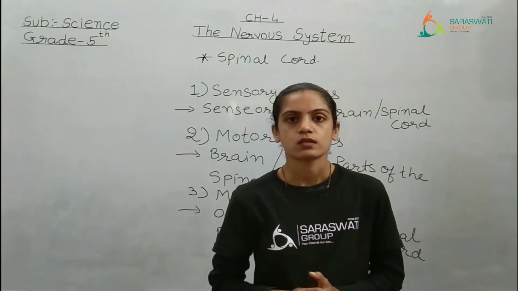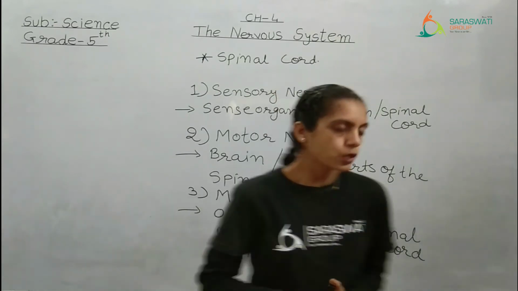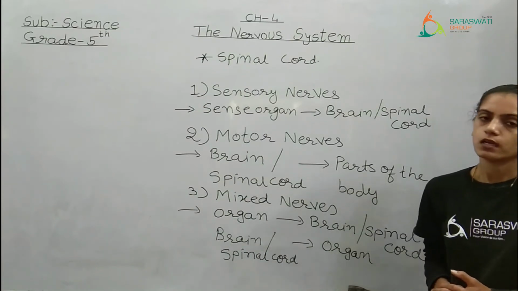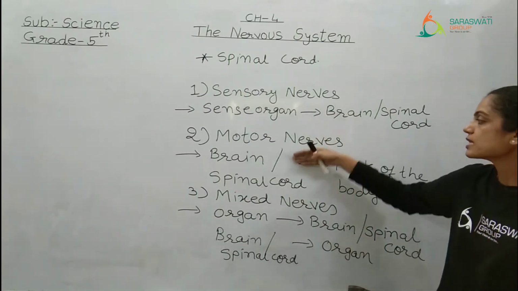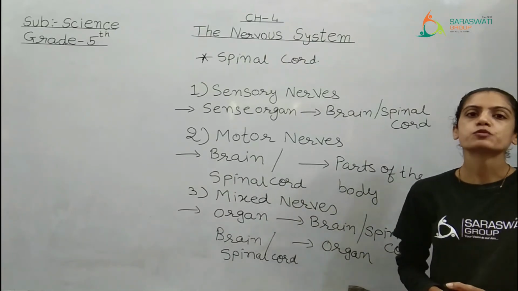Sensory nerves, motor nerves and mixed nerves. You can take a look at it again, and if you want to click a photo of it, you can do it, because these are the simple points through which you can remember the types of nerves.